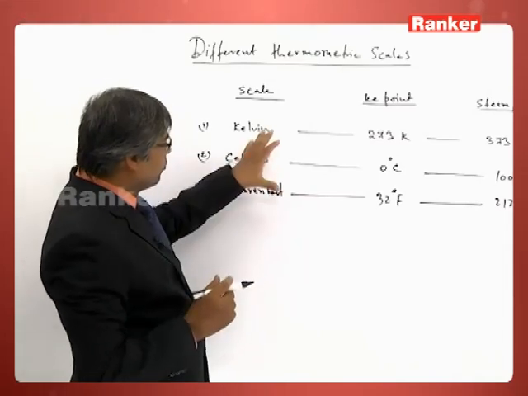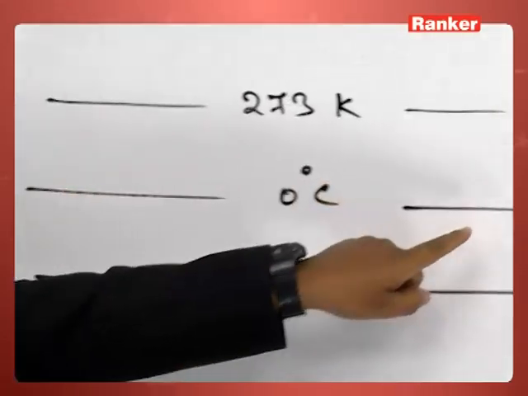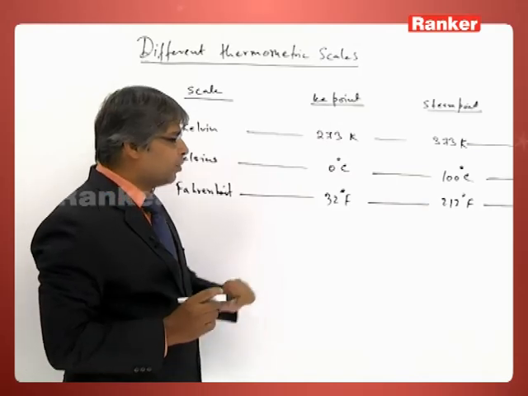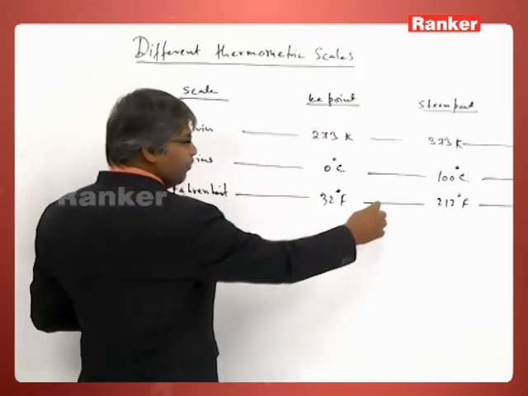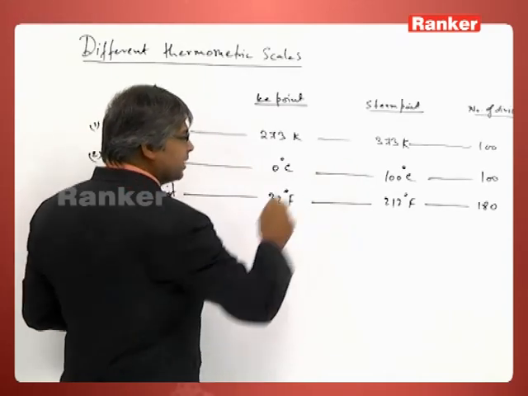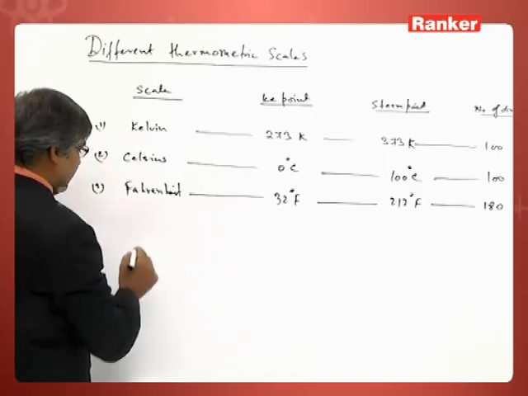Now we can convert. It may be asked, if this much is centigrade, what numerical value does it have on the Fahrenheit scale? Suppose I have a fever of 102 degree Fahrenheit, then what is my body temperature in Celsius? So we can change this.